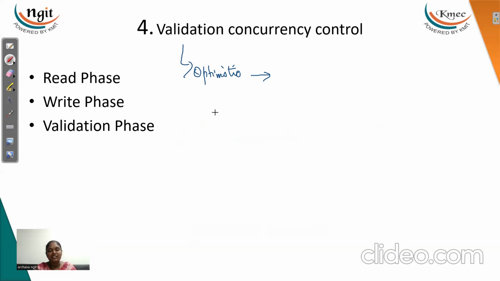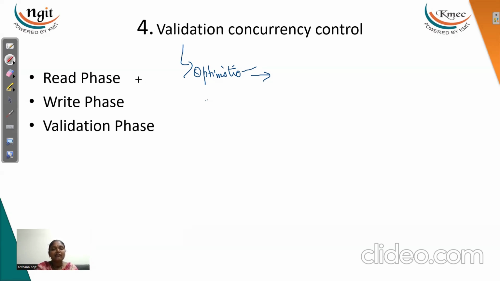Instead, we will wait till all the operations are done, and only during the commit state, we are going to perform the verification of the data items. Now, the same thing is going to happen in the validation concurrency control protocol.